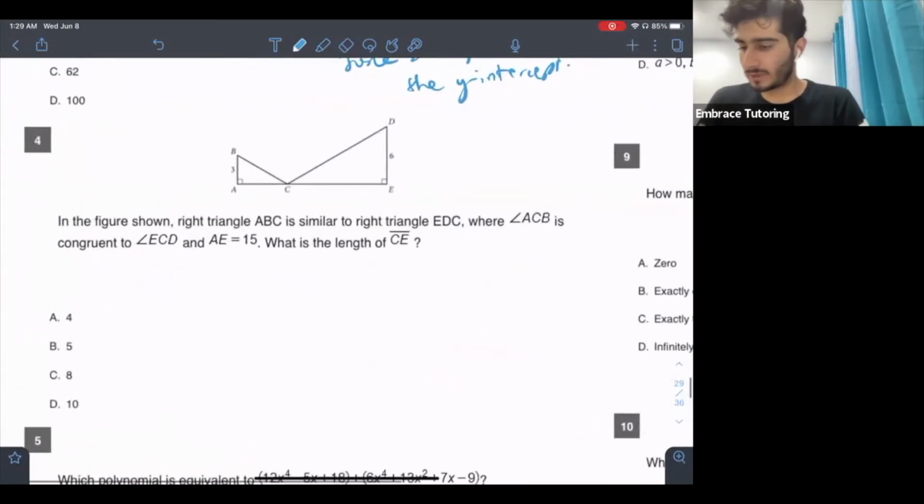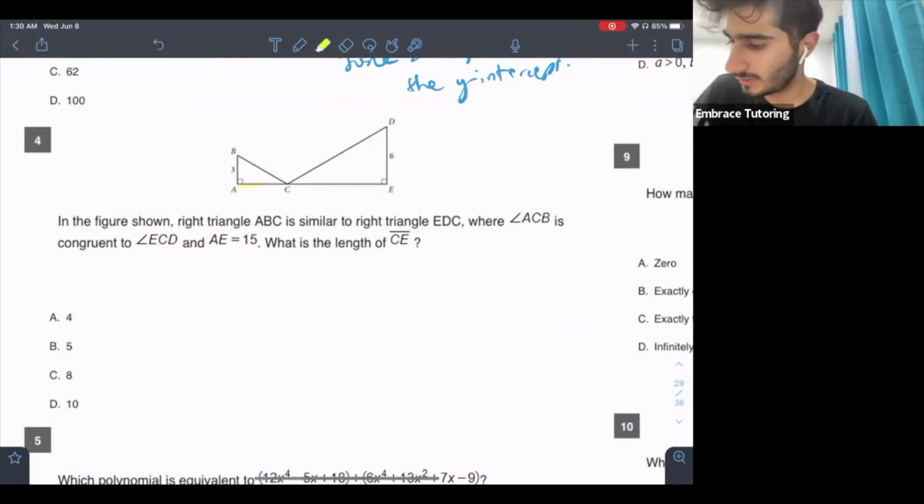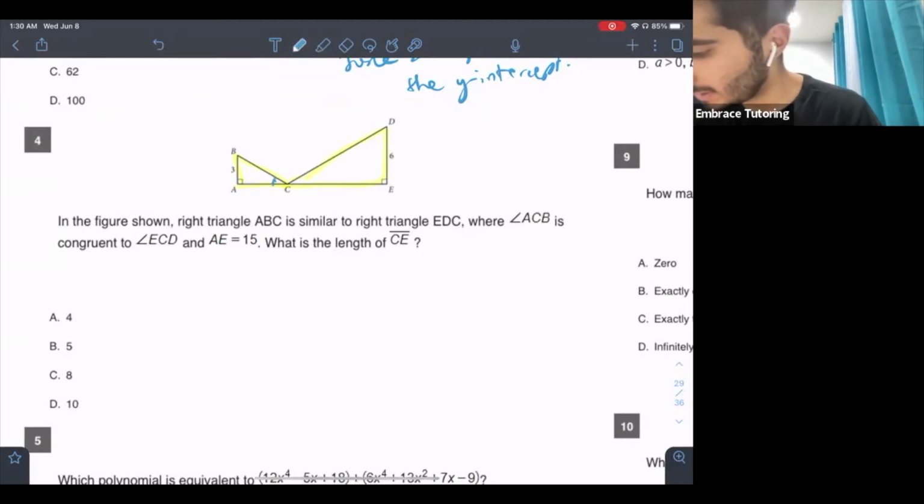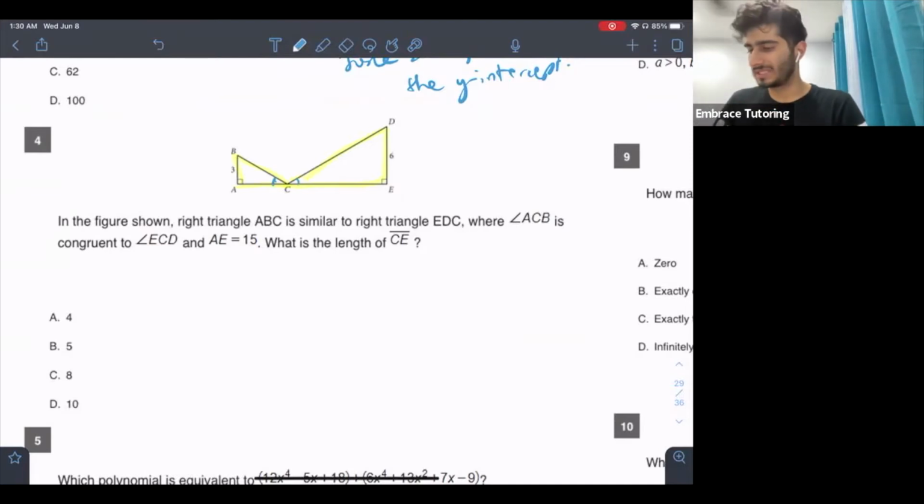Question 4. In the figure shown, the right triangle ABC is similar to the right triangle ADC. So this is ABC and then CED. So where ACB is congruent to ACD, meaning that you can make a proportion out of these triangles.